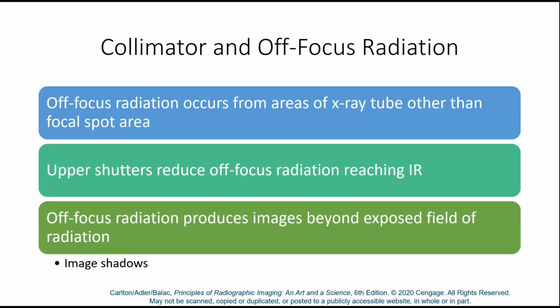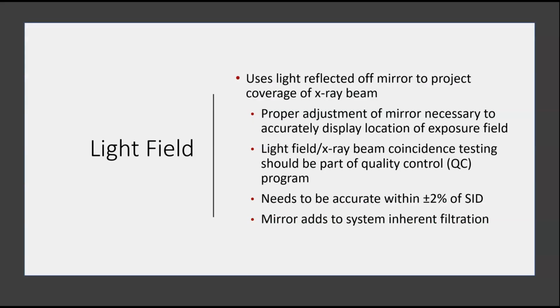Okay, so it's being produced outside of the focal spot, focal track. So the upper shutters reduce off-focus radiation from reaching the IR. So the tighter you collimate, the less off-focus radiation that's going to be exposing the patient, which is a good thing, okay? So off-focus radiation produces images beyond the exposed field, so it's those shadows that you see.